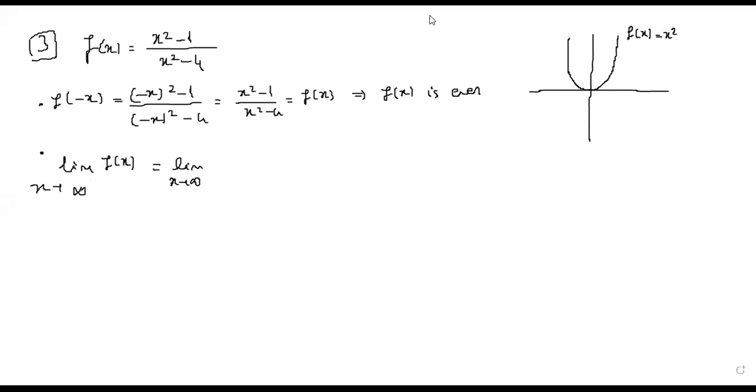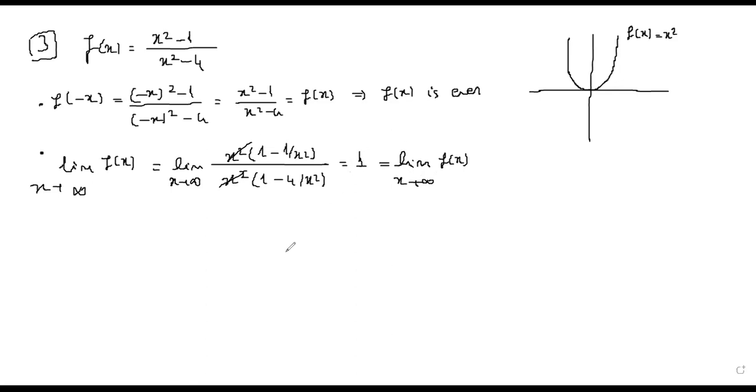We write this function with the numerator in parentheses of x squared, which gives 1 minus 1/x squared, and the same for the denominator. Okay, so we can simplify them. Now, when x is approaching infinity, we have zeros here, so we get 1 as the limit. And similarly, the limit of f when x is approaching minus infinity will give us again 1.